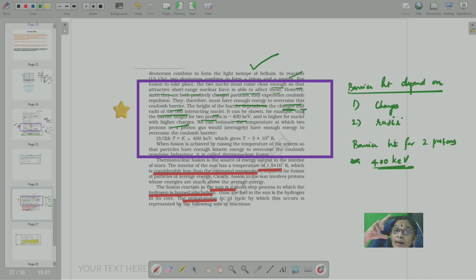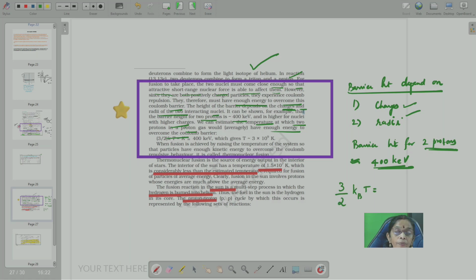So the barrier height depends upon the charges and radius. For example, the barrier height for two protons is 400 kilo electron volt, and it is higher for a nucleus with higher charges. We can estimate the temperature at which two protons would have enough energy to overcome it. How can you estimate? 3/2 kBT.